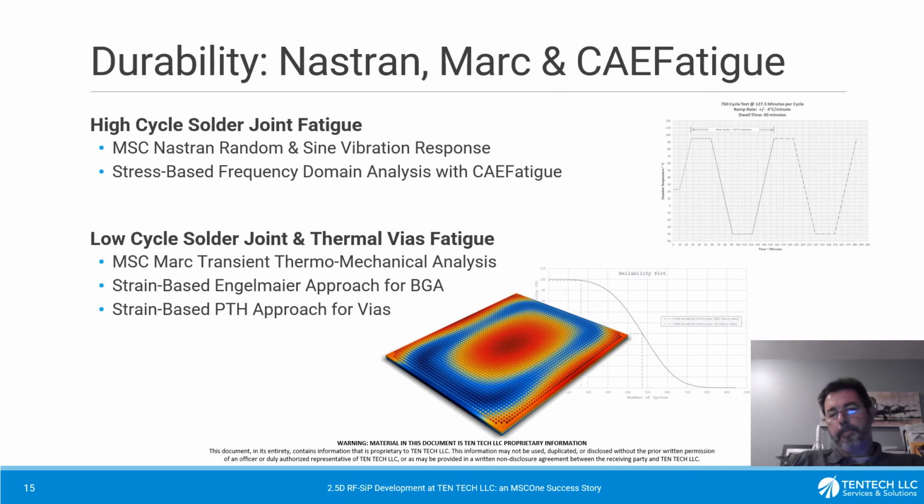The low cycle fatigue is a little bit more complicated. We're dealing with a lower count of cycles, but higher chances of failure. Typically, a high cycle fatigue solder would live for millions of cycles. With a thermal cycle extreme, usually minus 50 to plus 100 degrees, you're expected to live 500 to 1,000 cycles.